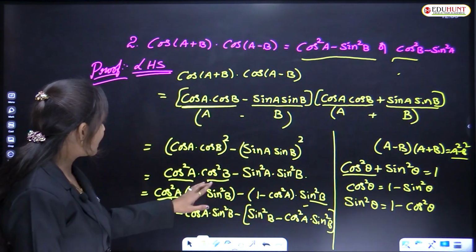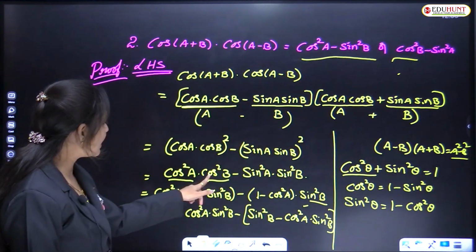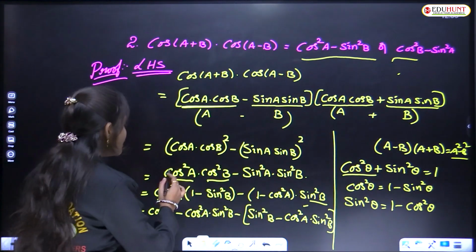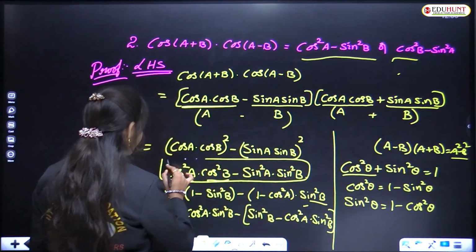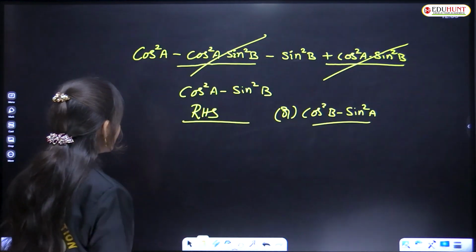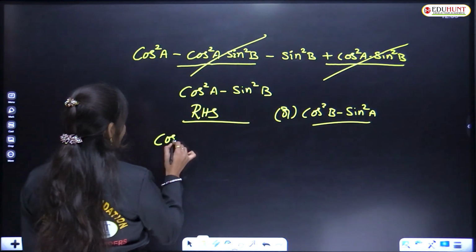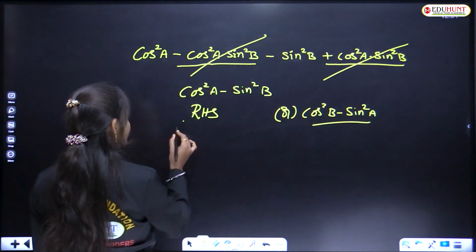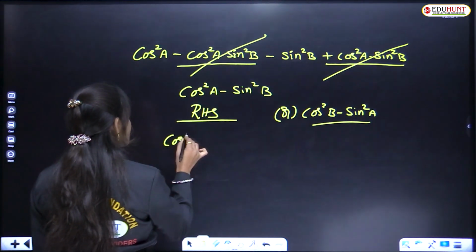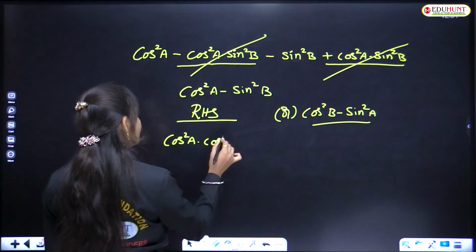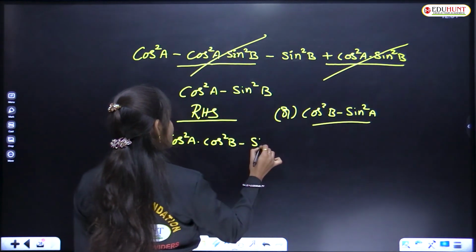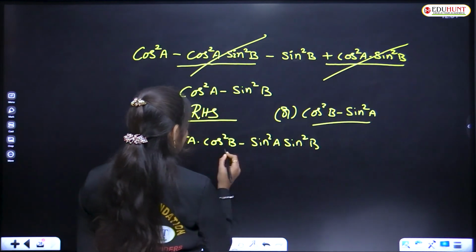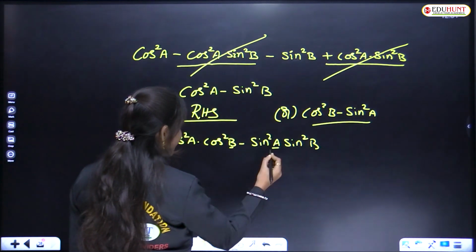See, here we got cos square A into cos square B minus sine square A into sine square B. So just take this step: cos square A cos square B minus sine square A sine square B. Previously I changed the cos square B term and here the A term I changed.